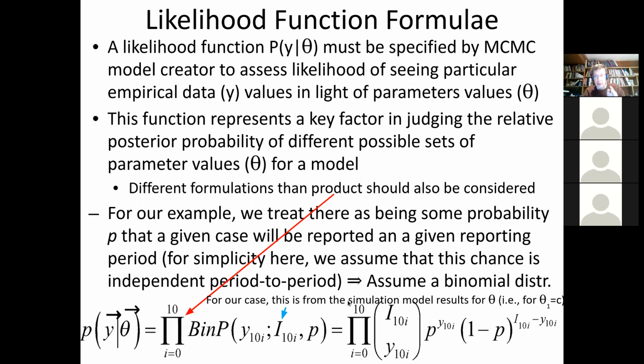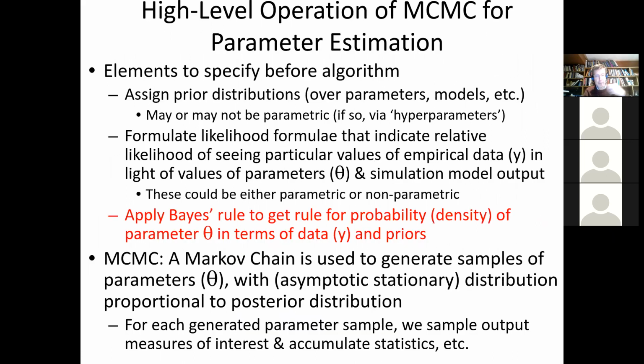And for some values of parameters, the model's output will be probably more similar to empirical data, and for some values of parameters, it'll have a poor match to empirical data. And for any given value of theta, we get an output from the model for which we can evaluate a likelihood function.